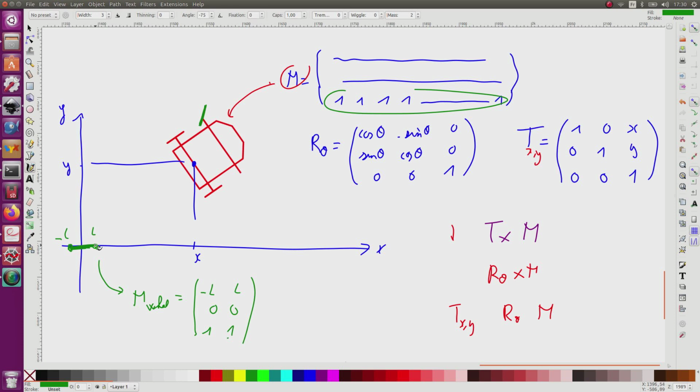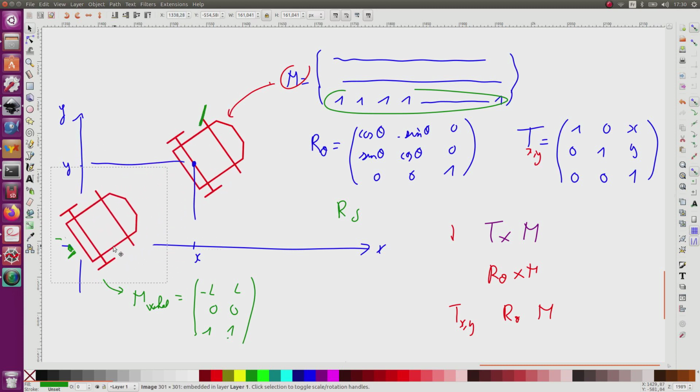Then to put it at the right place, what should I do? I should first rotate by an angle delta to put it like this. Once I have done this, I should translate to put it at the right place.